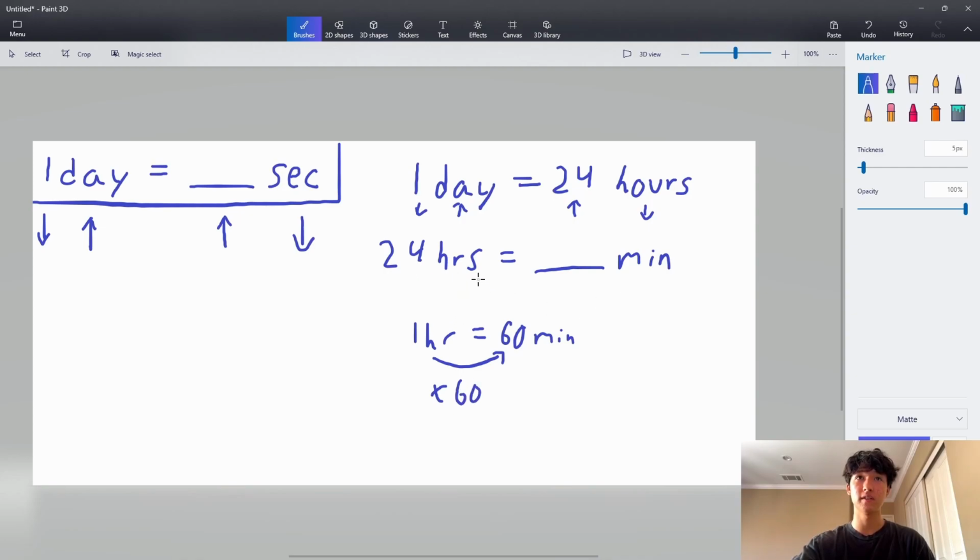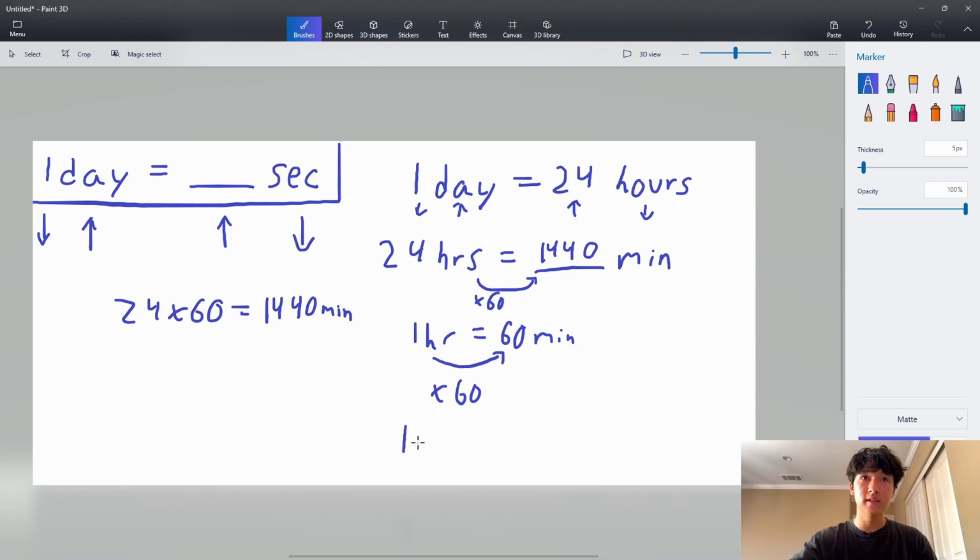From hours to minutes, multiply by 60 to get the amount of minutes. So it's 24 times 60, which is equal to 1,440 minutes. So we're going to write that over here. 1,440 minutes. Okay?